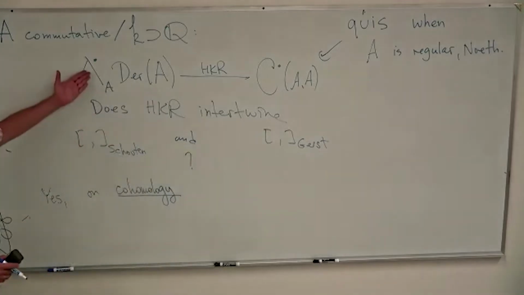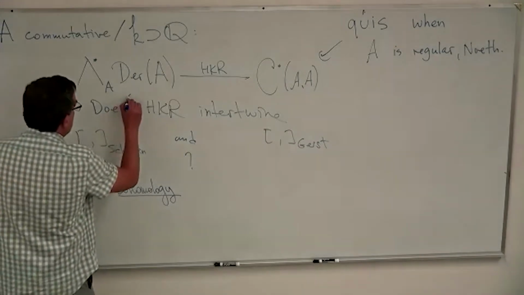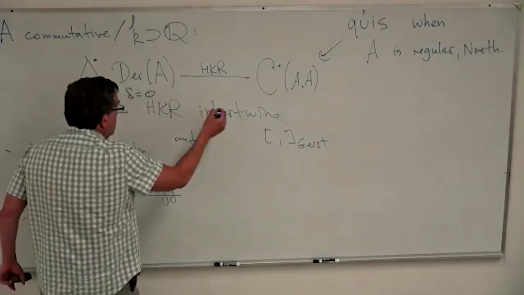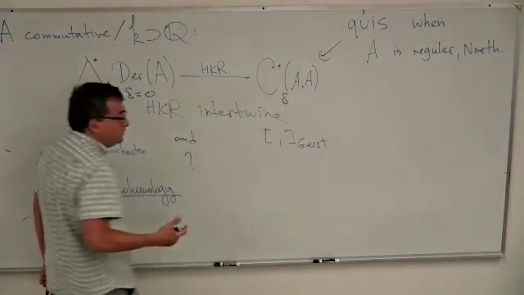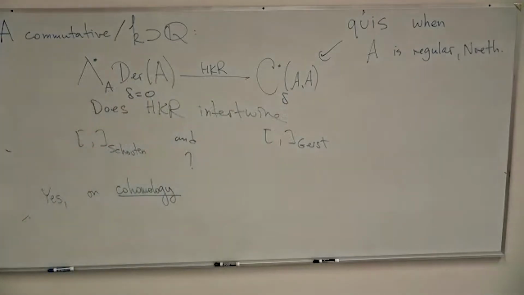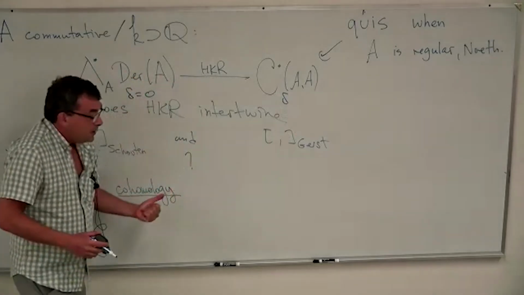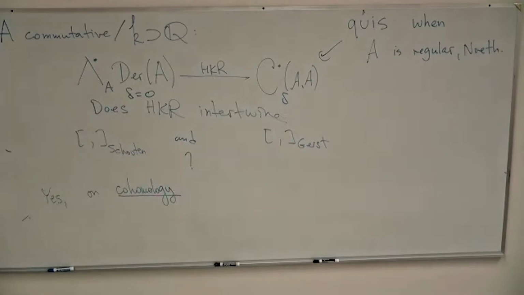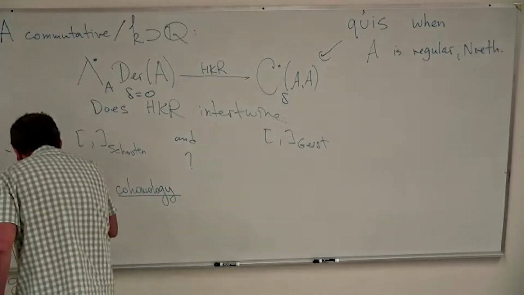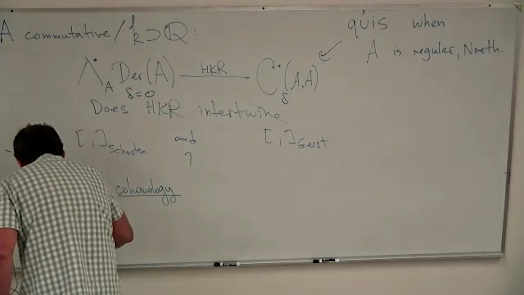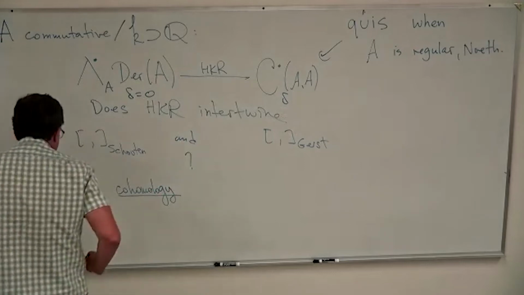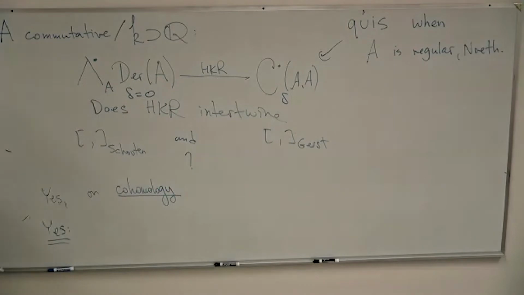so you have, again, maybe I should say delta is equal to 0, so you have a complex whose cohomology is itself, and it's an isomorphism on cohomology, and yes, it's an isomorphism of Lie algebras. It's a simple fact. And the second answer is also yes, but it's a much, much more difficult theorem.